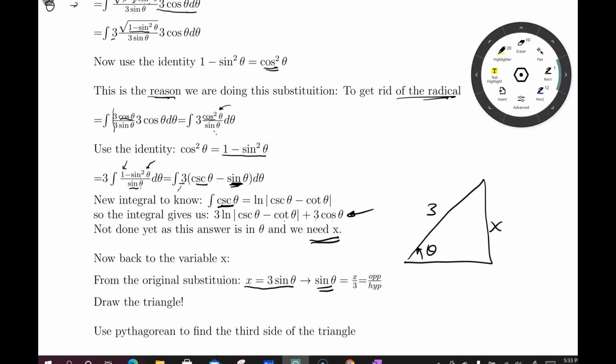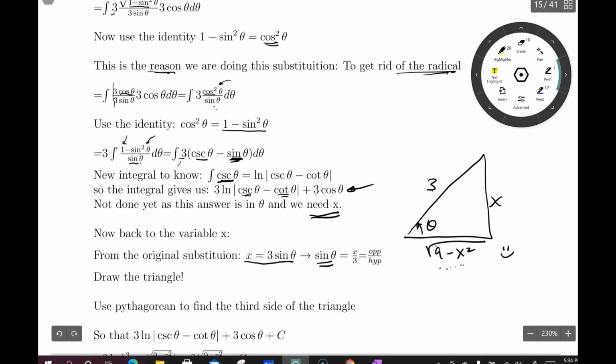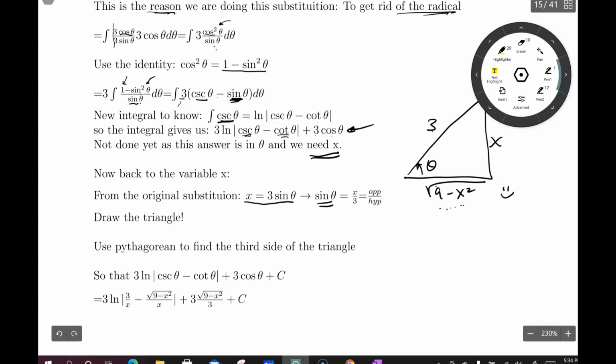And what am I trying to get? I'm trying to get cosecant and cotangent off of the triangle. So I am going to need this side here. This side here, you know, is the square root of 9 minus x squared. Oh, would you look at that? Isn't that the expression that was in my original problem? It was, way long ago. That will always happen with your third side, so just double check.